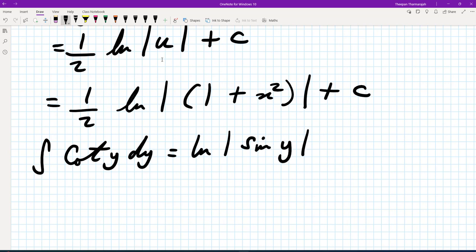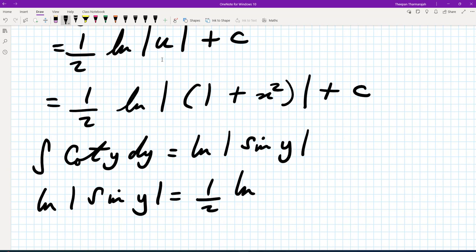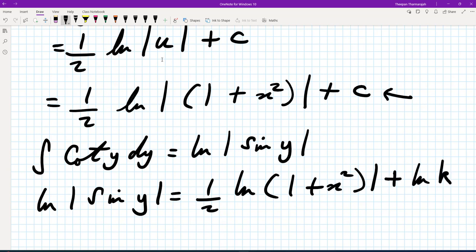Now what we have is ln mod sine y is equal to half ln 1 plus x squared. Now this c can be replaced with a function in the form of ln because it's a constant. So I'm going to write that as ln k, a constant in terms of ln.